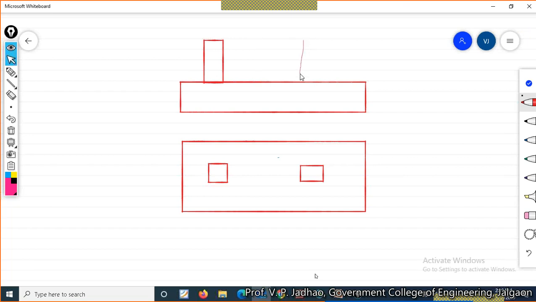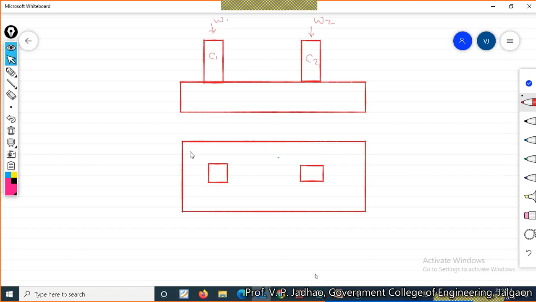Again this column C2 will be here. Let us assume the C2 column is here. So load W1 will be acting here, and some load W2 will be acting here. Consider this is column C1 and this is column C2.